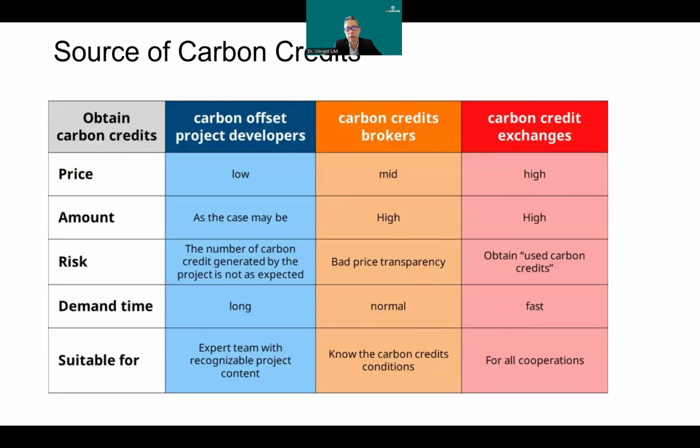So how do you buy? There are carbon exchanges, the price is pretty high. There are carbon credit brokers, price medium. And if you go to the project developers, helping the people who actually reduce carbon, I think that is the best. So in my personal opinion, support the projects, man. Support the projects that are really reducing carbon. That gives you so many benefits. Among them, of course, compliance credit. That means you can reduce tax, can reduce your penalty and all.